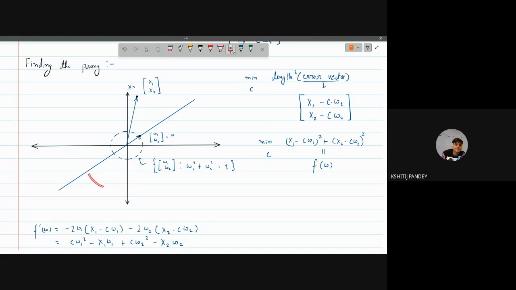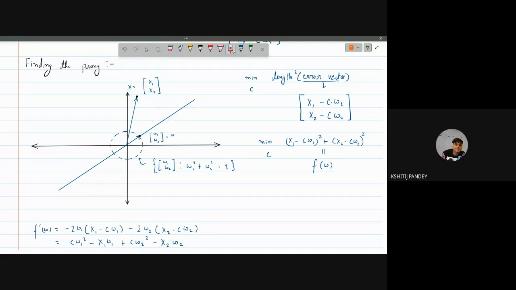It will not lie on a single line. The data will be like this, very random in nature, not following any function.